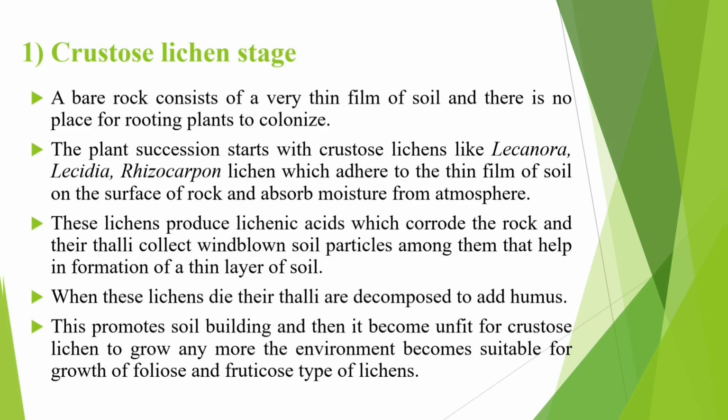These lichens produce lichenic acid which corrodes the rock, and their thalli collect wind-blown soil particles among them that help in the formation of a layer of soil. When these lichens die, their thalli decompose and add humus to the soil. This promotes soil building, and then it becomes unfit for crustose lichen to grow anymore in that environment and becomes suitable for growth of foliose and then fruticose lichen.